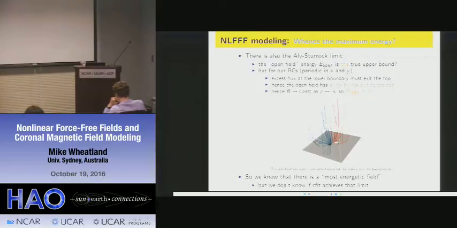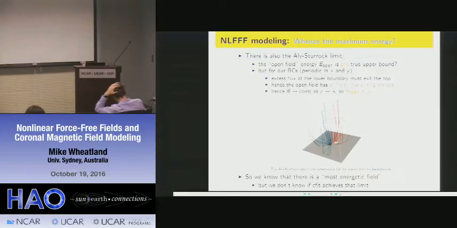Here I've got this little simple bipole shown, the positive spot and the negative spot. You take the negative spot and make it positive, calculate the potential field for that field distribution in the boundary, which involves monopoles, of course, but you can calculate the potential field for that configuration, and it's open, all the field lines go in one direction, upwards.